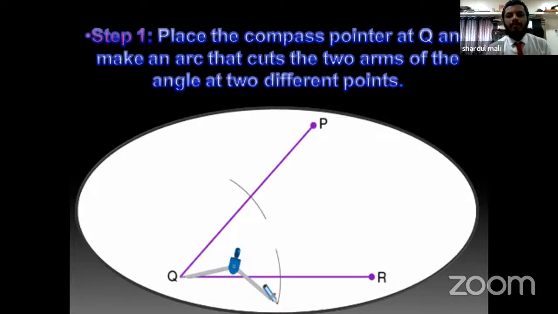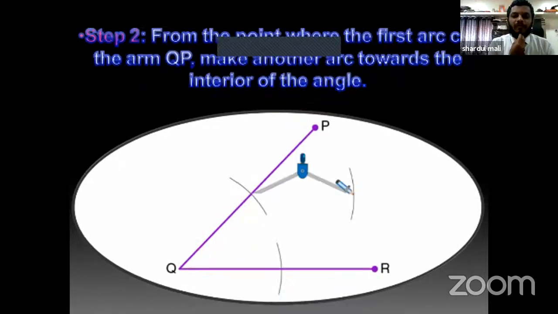After making those arcs, we get two intersecting points of the arcs and arms. Next step, second, we get two intersecting points on the arms, like you can see in the diagram on the screen.